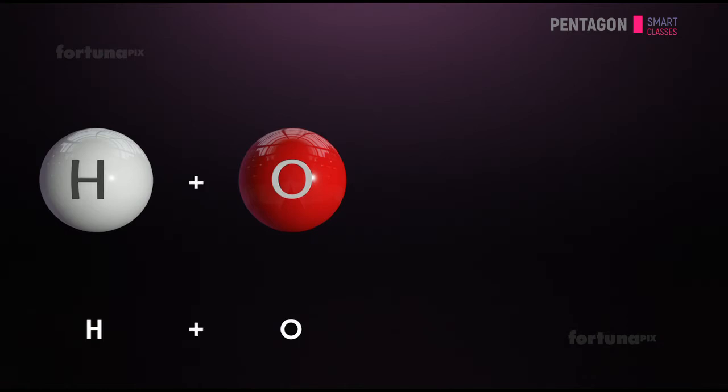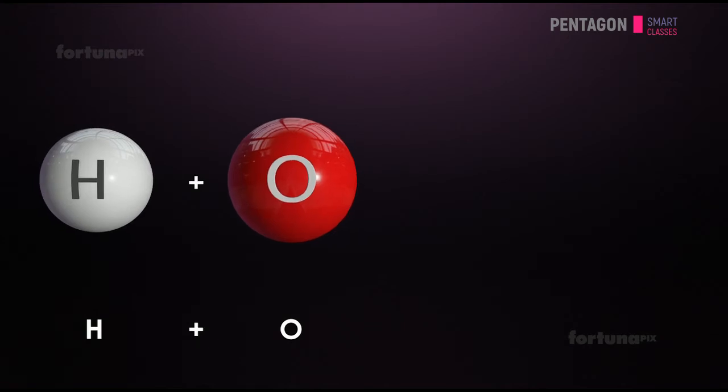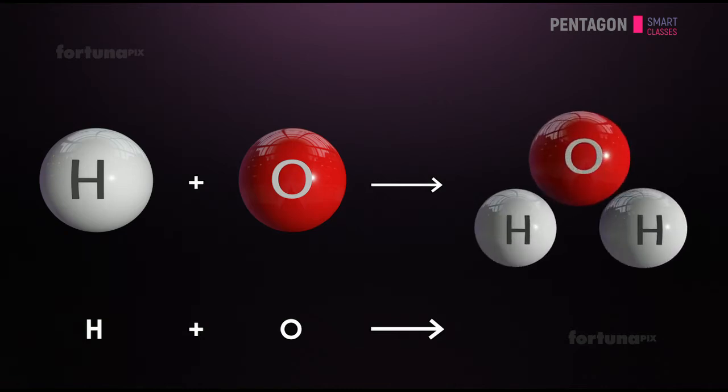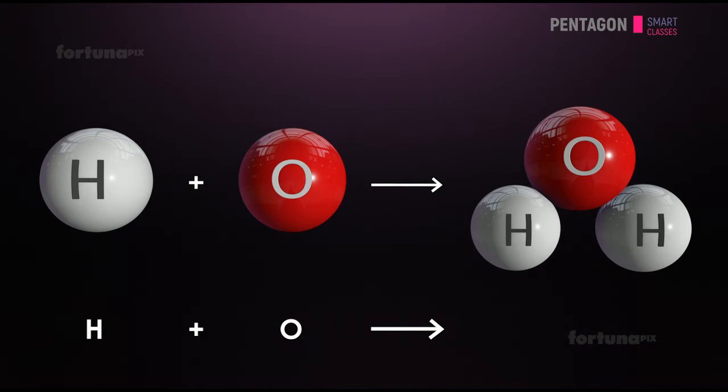Next, we'll add a plus sign between hydrogen H and the oxygen O, indicating that a reaction is happening between them. To indicate the reaction, we'll draw an arrow pointing towards the right. Finally, on the right side of the equation, we'll place the chemical symbols for the product that has been formed. In this case, water, H2O.